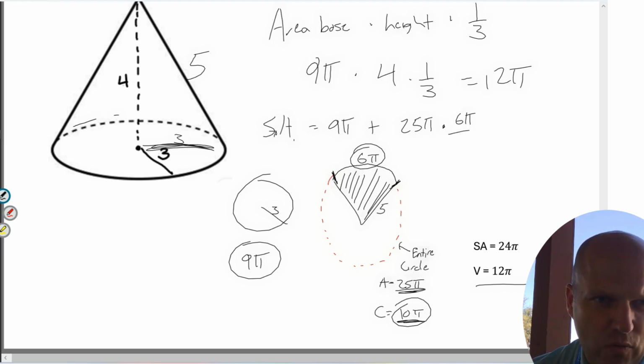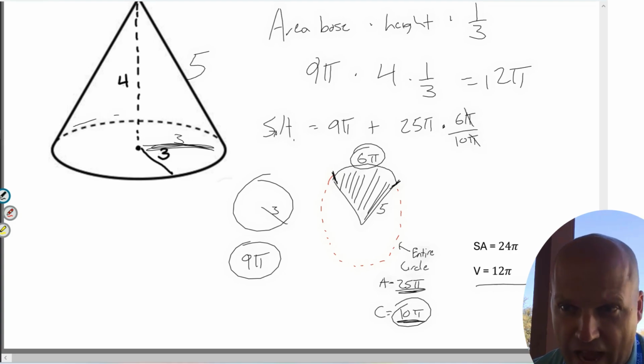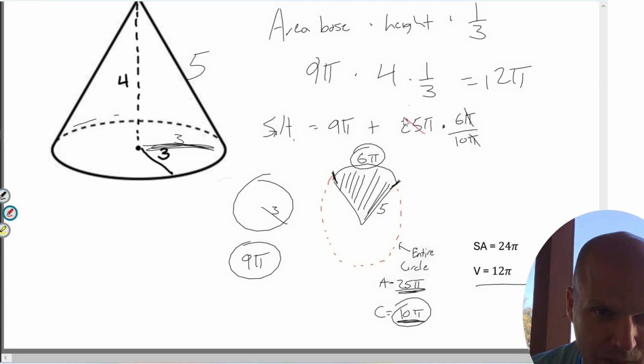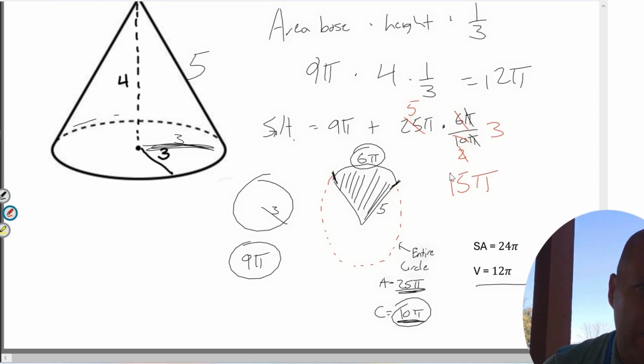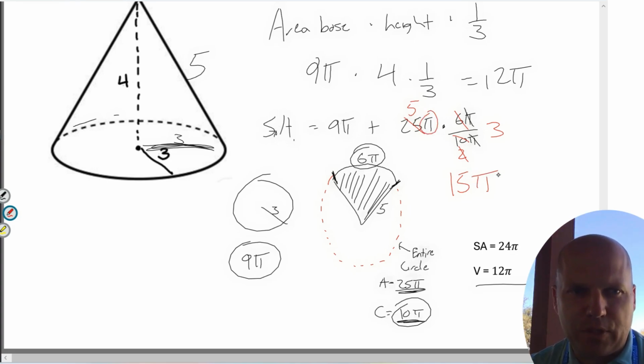Well, 6 pi over 10 pi simplifies to just 6 over 10. We can divide by 5 easily. This becomes 5, this becomes 2. We can also divide by 2 easily. This 6 goes away, this 2 goes away, we get 3, so we get 15 pi total out of this. 5 times pi times 3, or 15 pi. 9 pi plus 15 pi gives us that 24 pi.